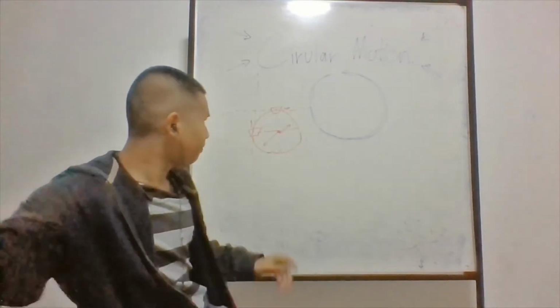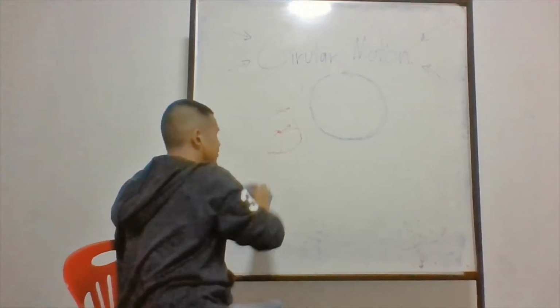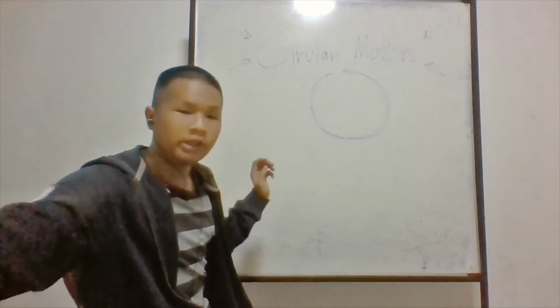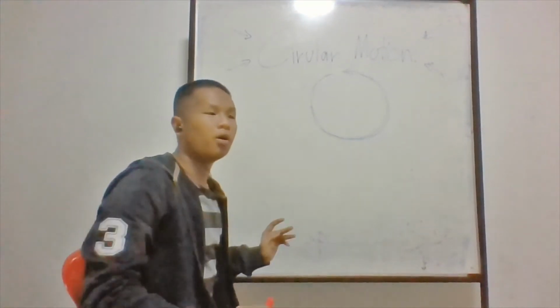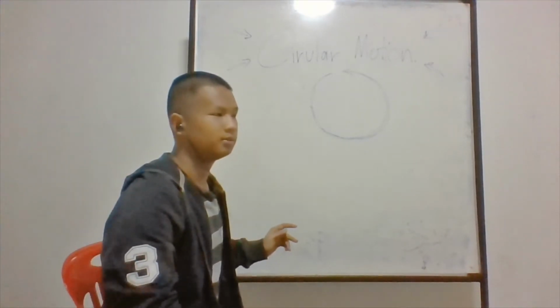Now, if the tangential speed is constant, it is what we call uniform circular motion.